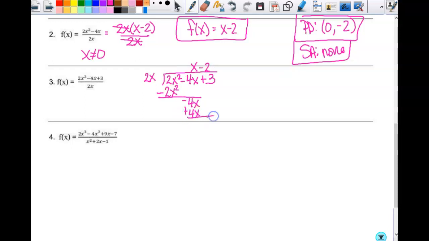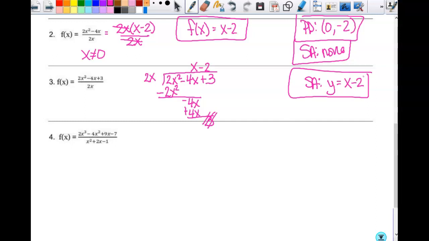Change my signs, bring down my 3. So 3 is my remainder. It means nothing to me. It's gone. So my slant asymptote is y equals what I got, which is x minus 2. Which happens to be, I just realized, the same one as before, but has absolutely nothing to do with each other. Okay, everybody good so far?